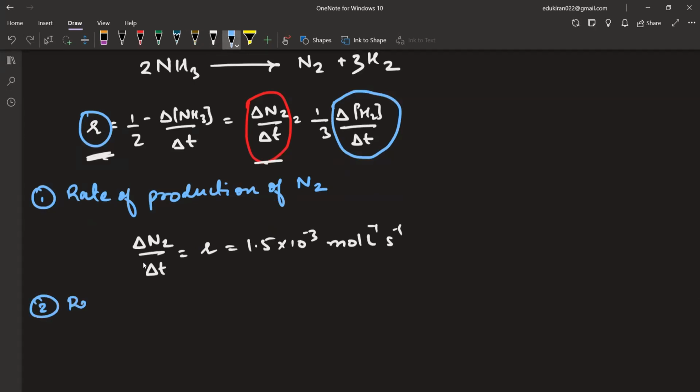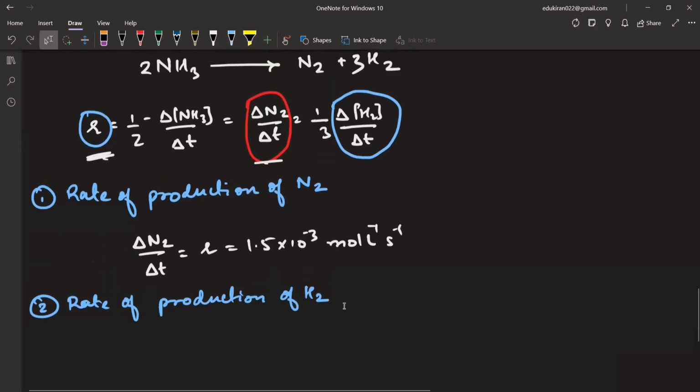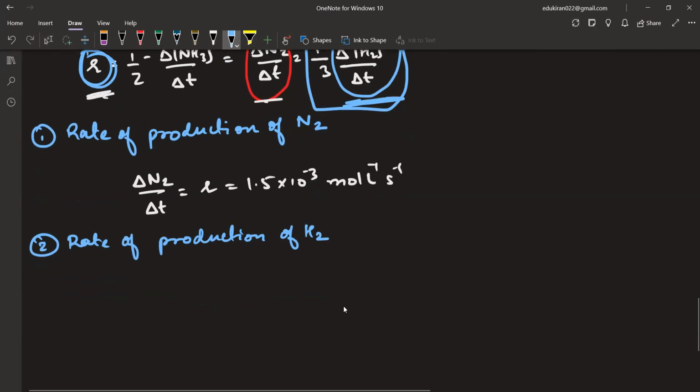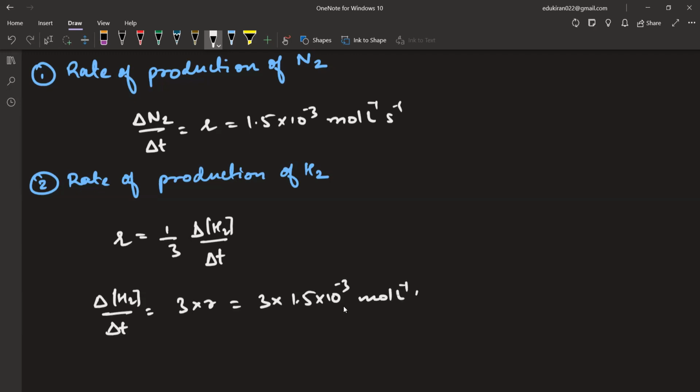Second case, rate of production of H2. Now what can we equate? We have to find this, but we have to equate this whole thing with rate, because both are equal. So we will write rate is equal to 1/3 into delta H2 upon delta T. Now we have to find delta H2 upon delta T. So delta H2 upon delta T will be equal to 3 into rate, which is equal to 3 into 1.5 into 10 to the power minus 3 moles per liter per second.